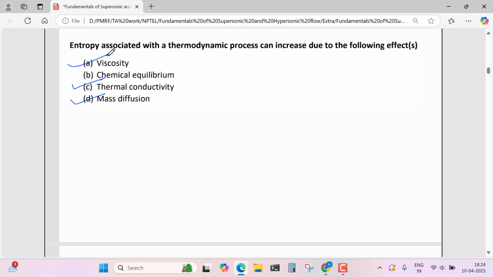Chemical equilibrium: during chemical equilibrium, it is in the state of equilibrium, so the forward reaction rate and backward reaction rate are equal, which is, you can say, a reversibility effect. So for chemical equilibrium, it will not increase the entropy.